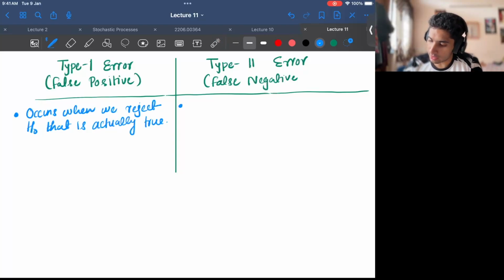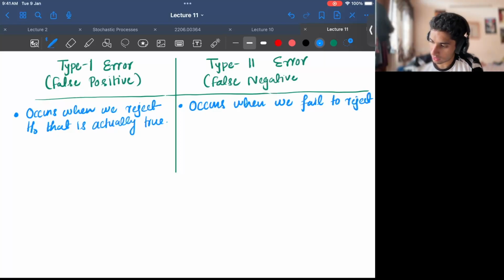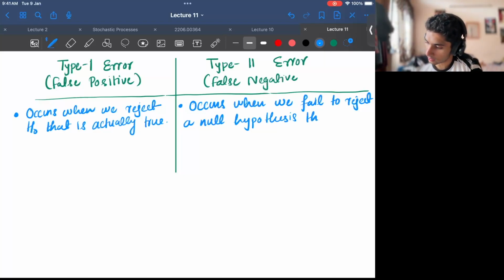Similarly, type 2 error occurs when we fail to reject a null hypothesis that is actually false.